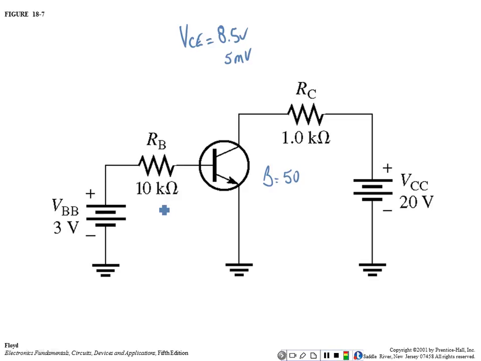So the first thing I would do is say that this resistor here, RB, is going to drop about 2.3 volts, right? Everybody okay there? How do we know that? Because it's in series with this base emitter junction, and it's dropping 0.7 volts. So I can calculate IB.